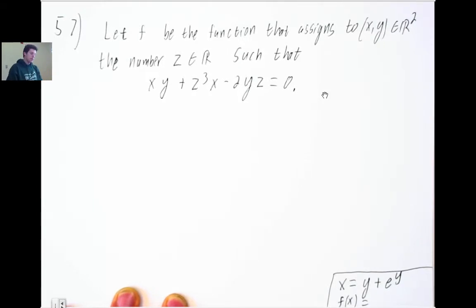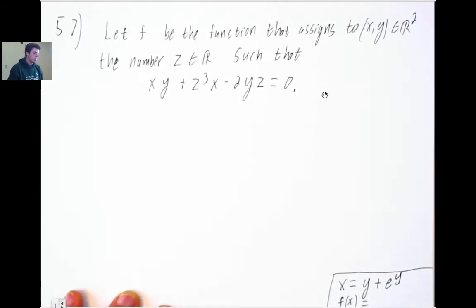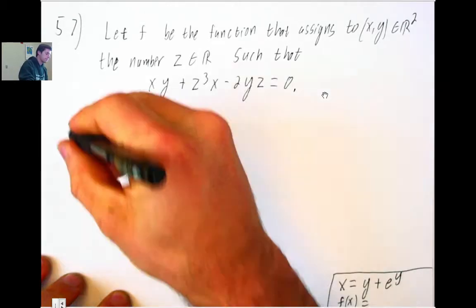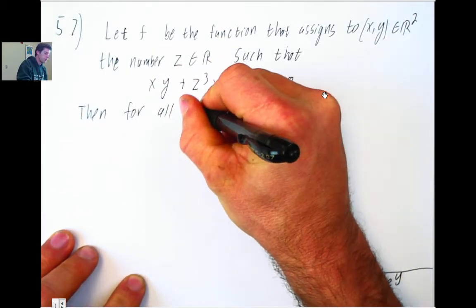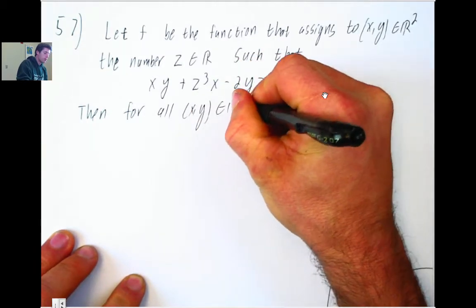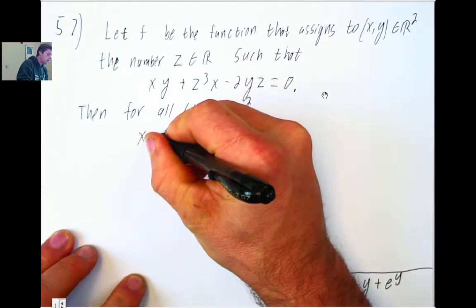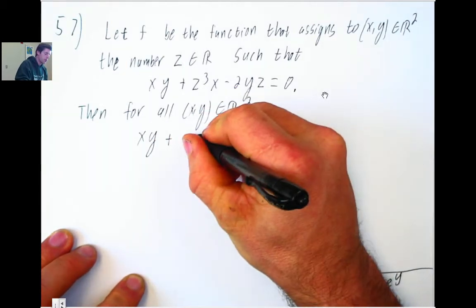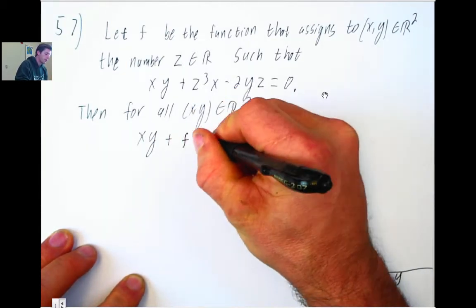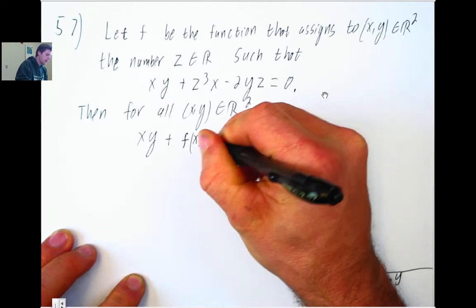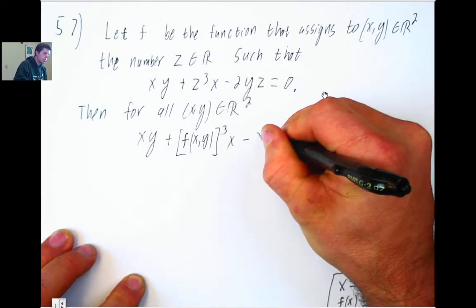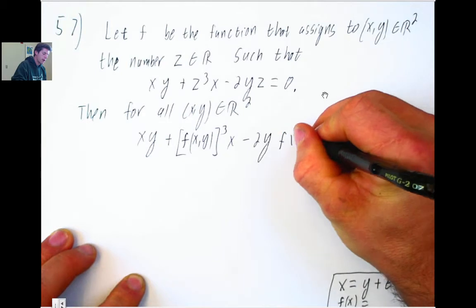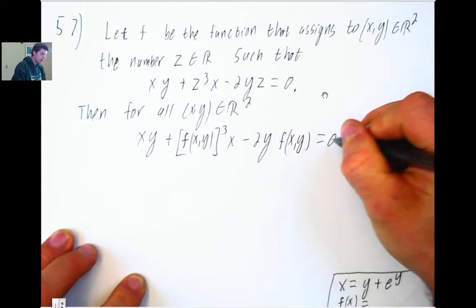Okay, I'm slowing down a little bit too much. Let me get to the point. If this function f is as described here, then for all pairs of numbers x, y in R2, we have the following thing. xy plus, now instead of z, I'm going to write f of x and y, to the third power, times x, minus 2y, and instead of z again, I write f of xy, equals 0.